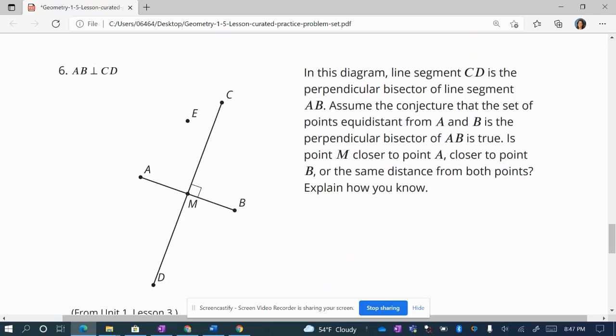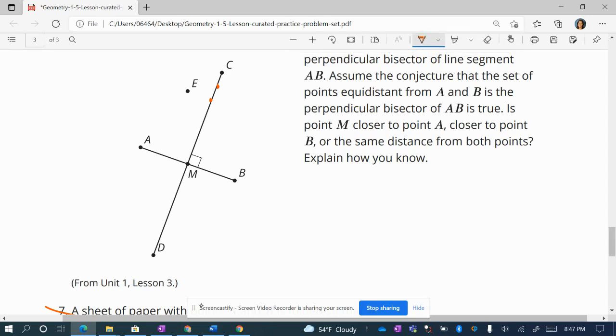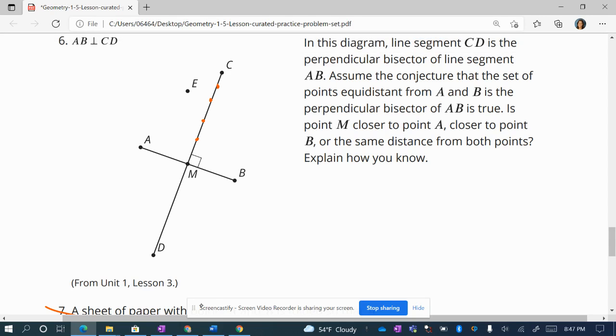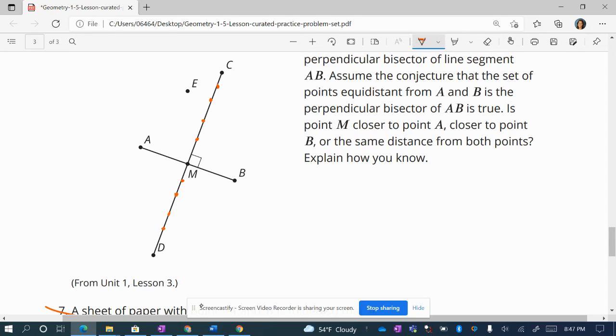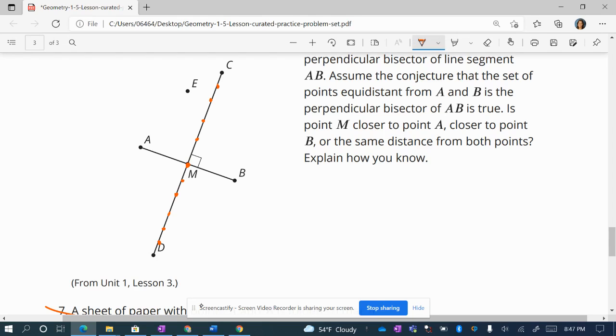Okay. Number 6. CD is the perpendicular bisector of AB. We know that all of the points on the perpendicular bisector are equidistant to A and B. So, is point M closer to point A or B? Point M is on the perpendicular bisector, so it'll be equidistant.